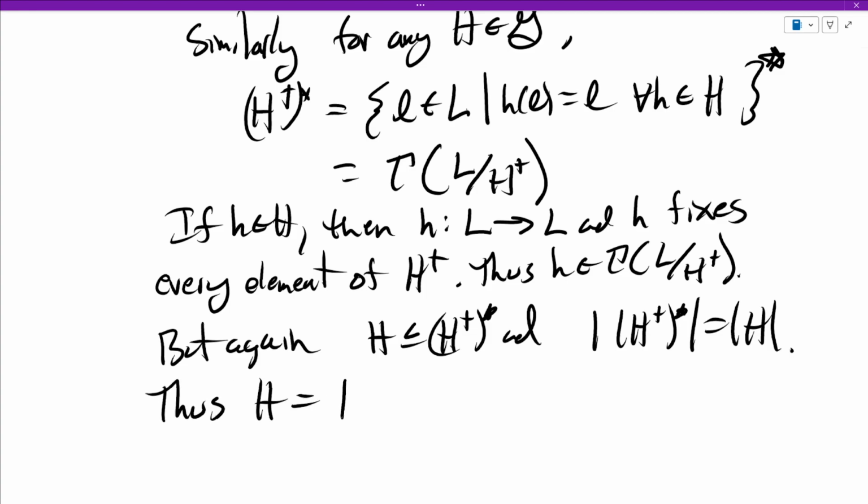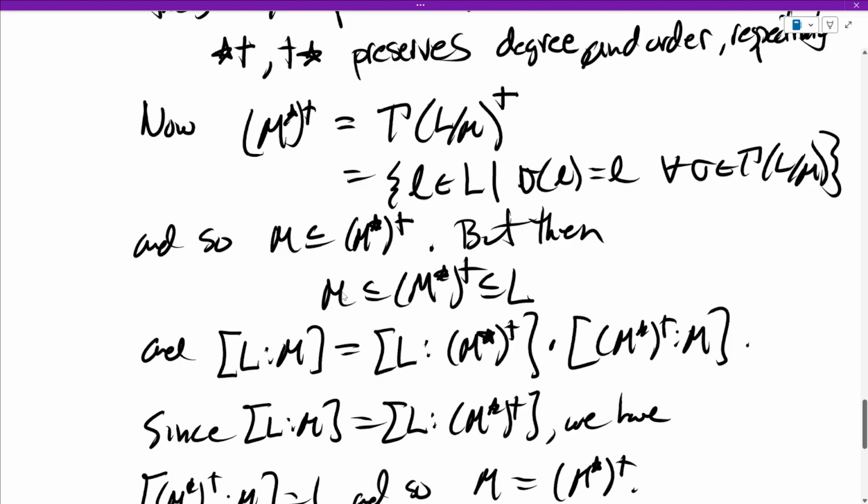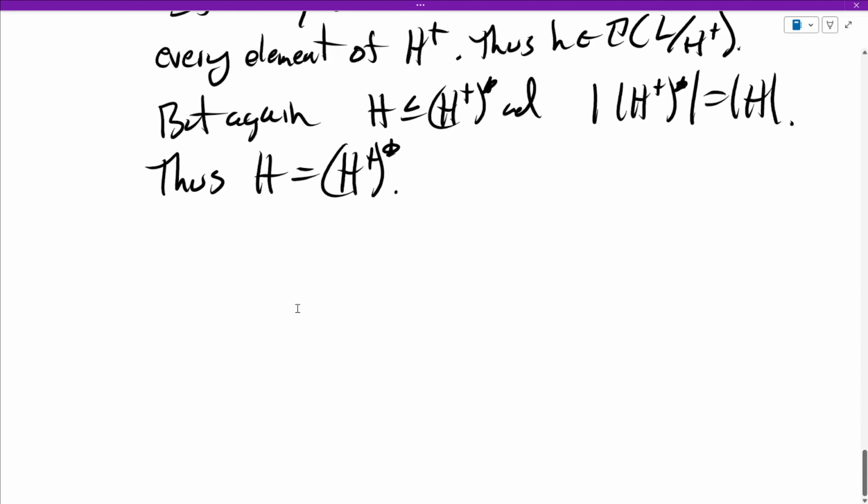So H is H dagger star. Great. That was a little bit long, but this shows that when you do dagger and then star, you get back H. And the other one shows that when you star and get dagger, you get back M. And the last thing was that they are order reversing.